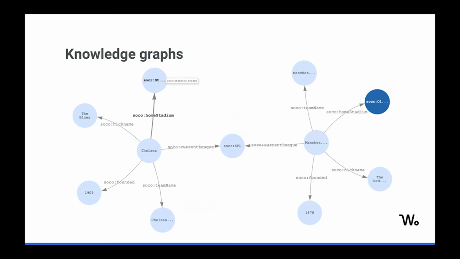We've got 2 soccer teams. The nodes here, Chelsea and Manchester, don't actually have any attributes themselves. They have edges that represent properties in some way. The team has a team name. It has a home stadium. It has a nickname. And they're both playing in the same league.